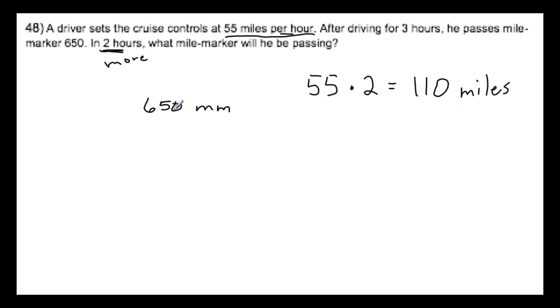If he was at 650, and now I add another 110 miles, he should be at mile marker 760. So in that problem, we didn't really need to know rate of change other than the fact that that was his average speed.